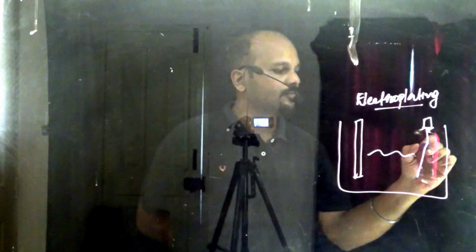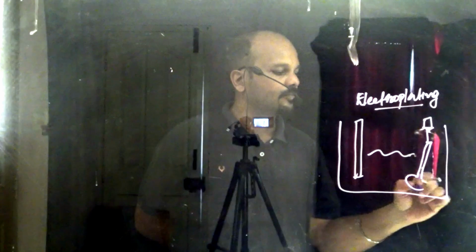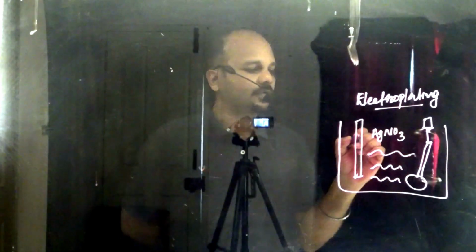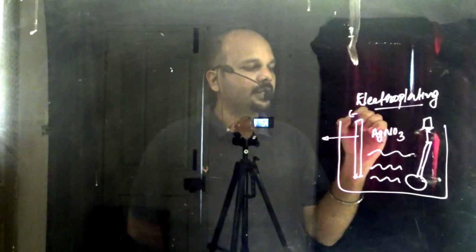So think that you have a spoon. It is easily corroding because it is made of steel. This is a spoon, and think that this is a solution of silver nitrate.